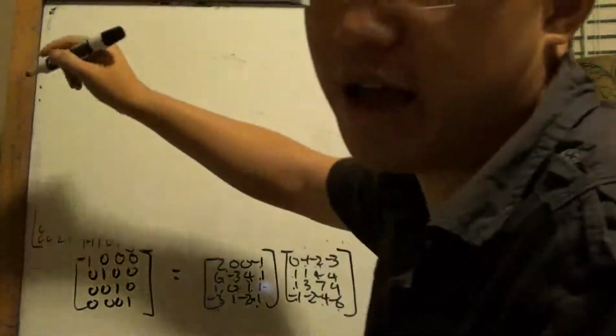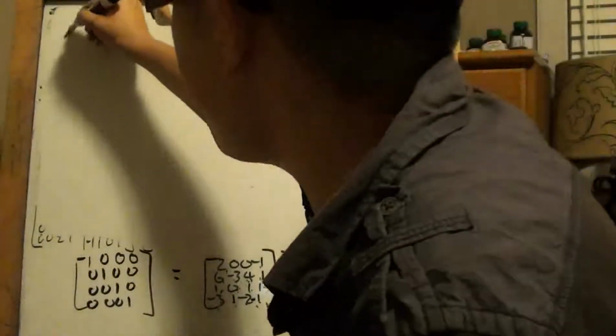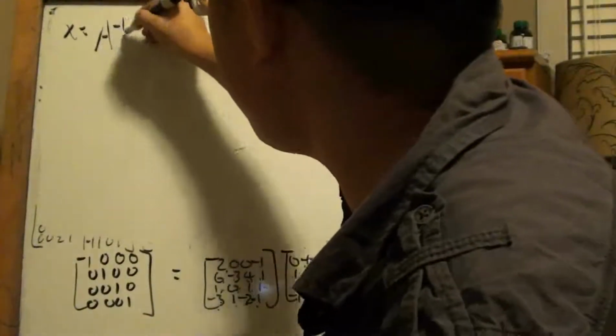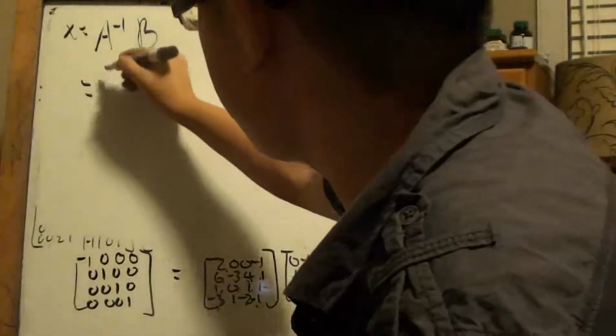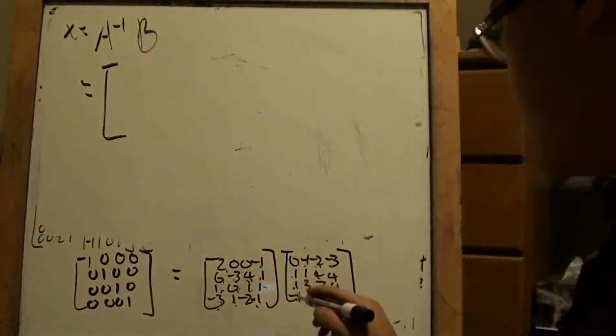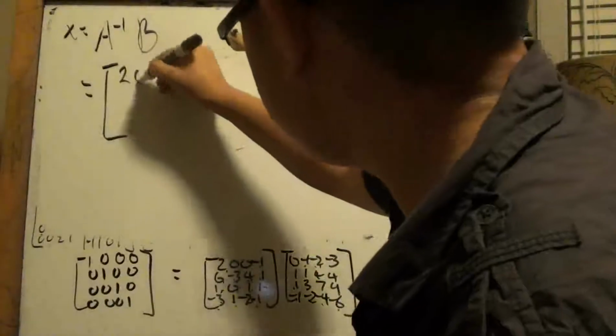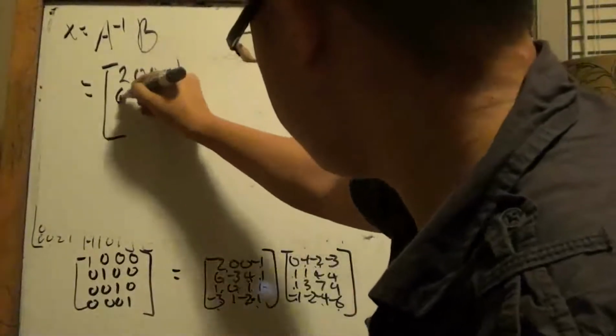So remember, I know it's been a while, but remember x equals the inverse of A times b. So we are now going to process this inverse, which turned out to be correct.